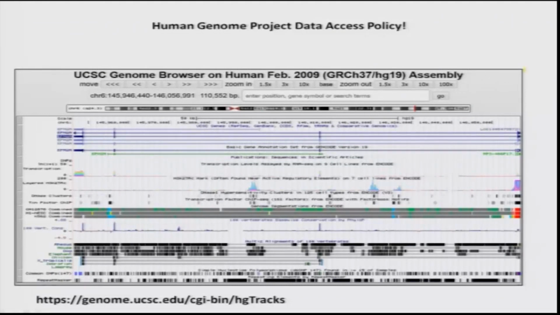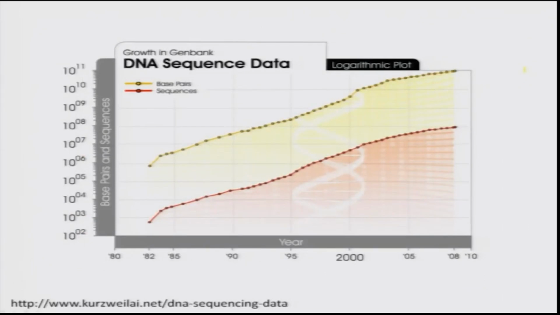So, based on that you have all this sequence now. Now you can look at where the transcribed regions are, where the regions that code for protein are, and where the regulatory regions are. The different elements that we saw in the previous lecture were all derived from this kind of approach, right. That is what led to genome browsers, which give you all the information.